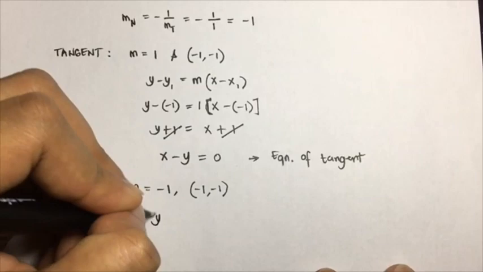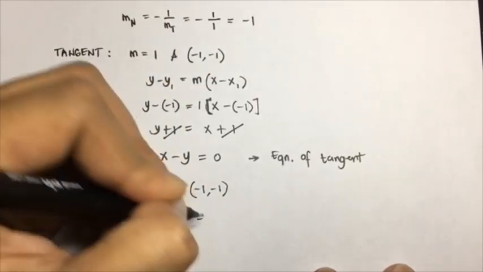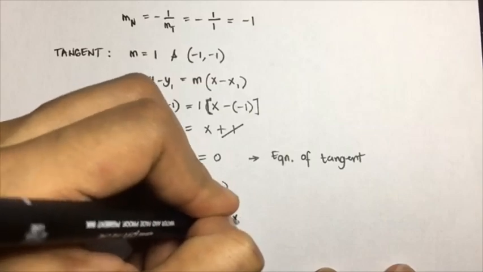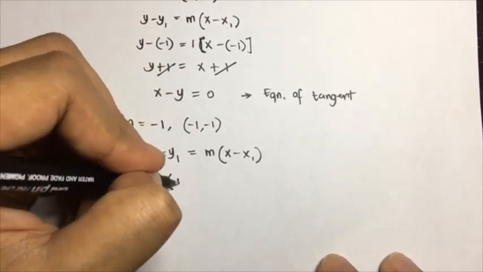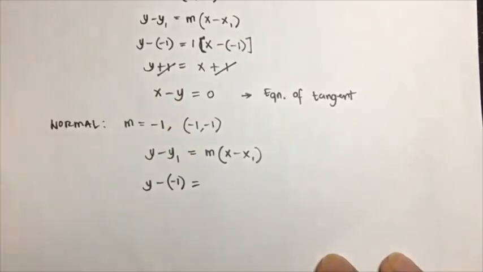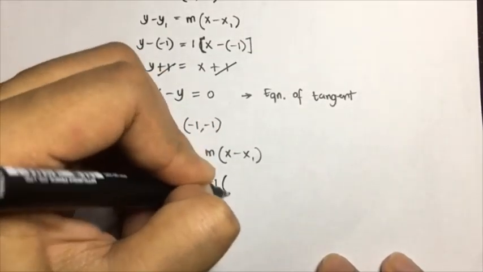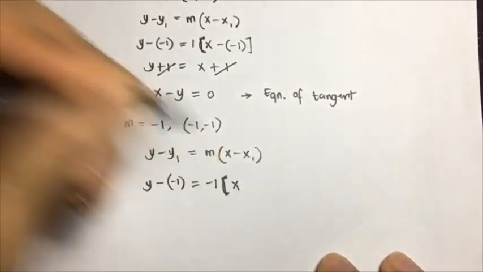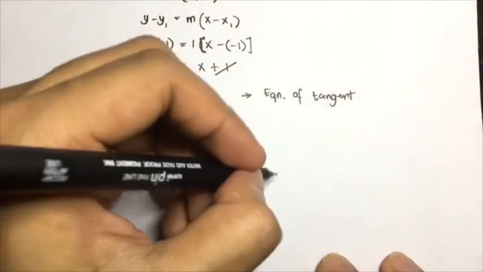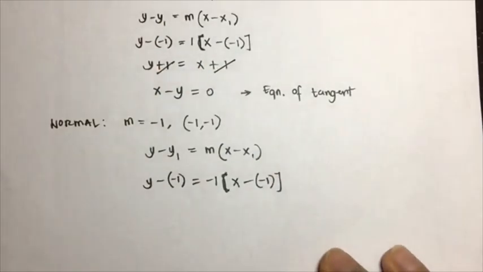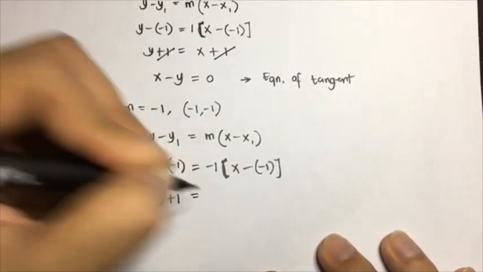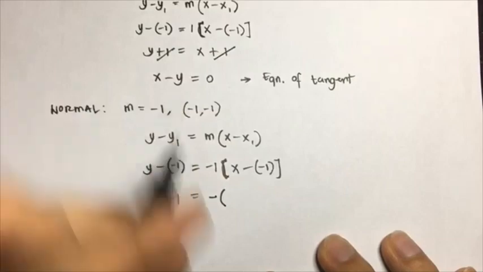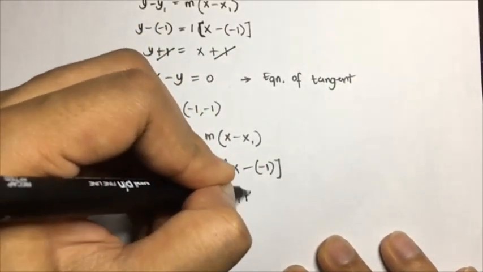Therefore, using the point slope form again, y minus y1 is equal to m times x minus x1. Substituting, y minus y1, which is negative 1, is equal to m, which is negative 1, times x minus negative 1. Simplifying, this will become y plus 1 is equal to negative times x plus 1.